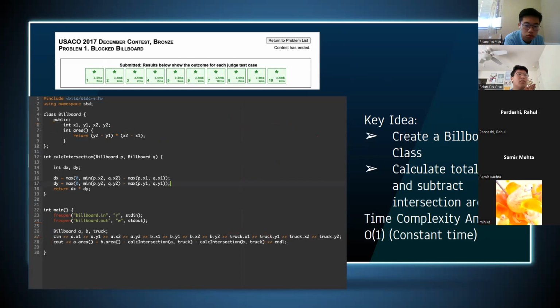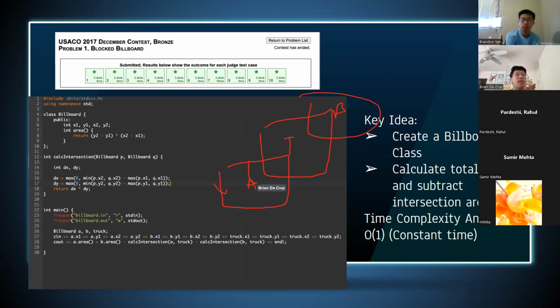Essentially, this problem is asking for the total area covered that's not obscured by the truck. So again, as an example, A, B, let's say the truck here. Let's assume the worst case, where there's an intersection between the truck and both billboards. I'm going to add the area of A and I'm going to add the area of B. That's going to give us this and that's going to give us this, right?